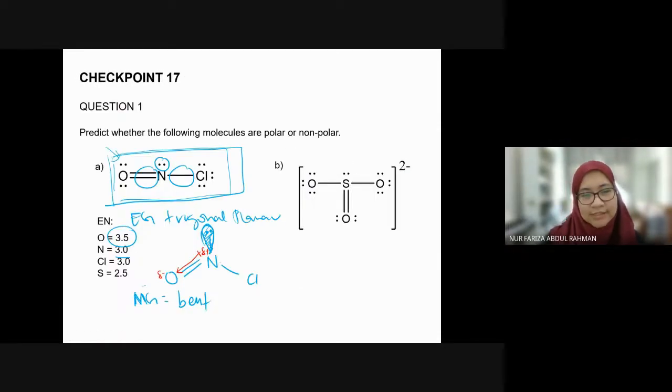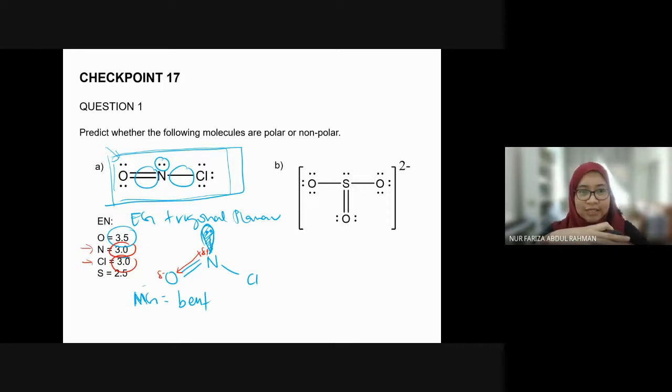For nitrogen and Cl, guys, look at their electronegativity. They have the same electronegativity. That means they do not have a dipole moment. A dipole moment exists when there are positive and negative poles. But since they have the same electronegativities, they share equally.